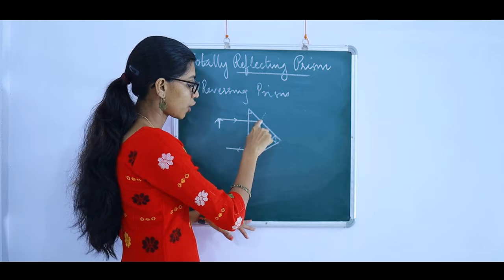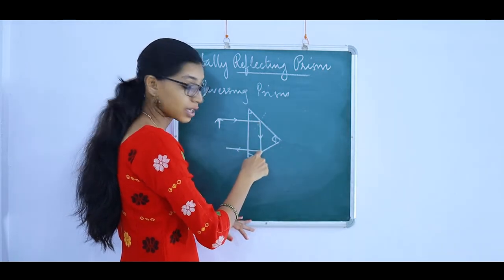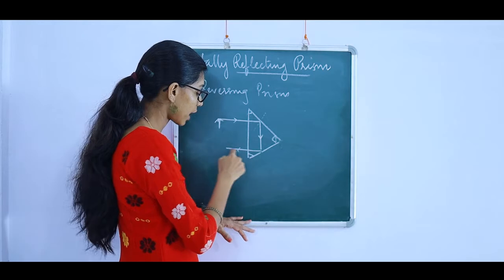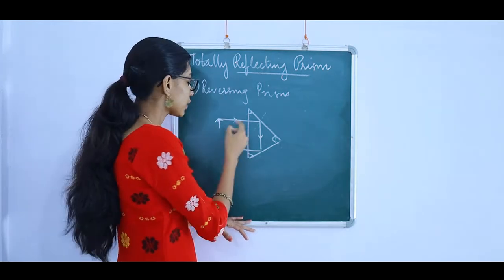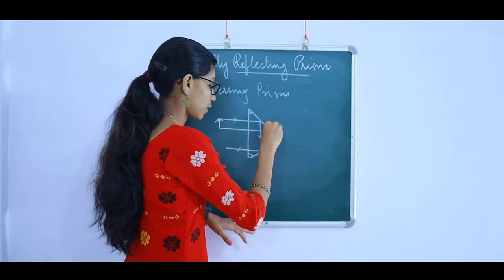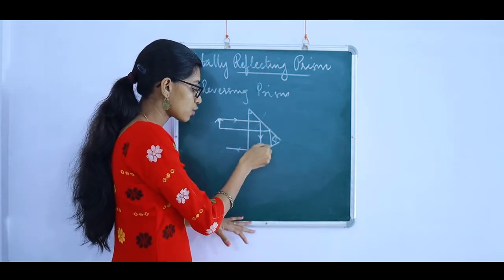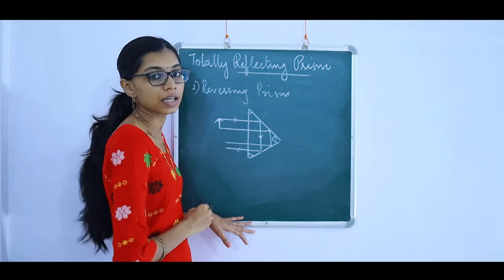Object from here, 45 degree. So 90 degree. This entire angle is 90 degree. It goes and hits. Total internal reflection again goes this side. Now we start from here. It goes like this. From here it goes and hits this surface and again total internally reflected, it comes here.